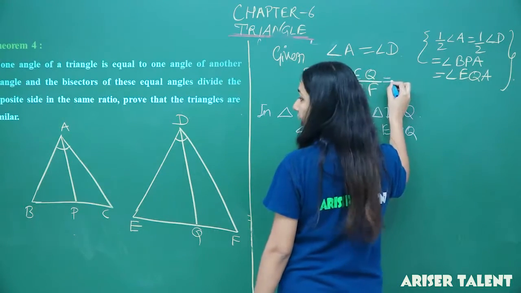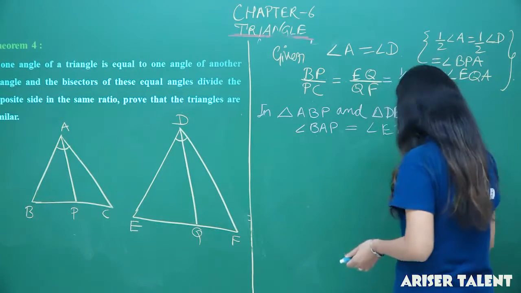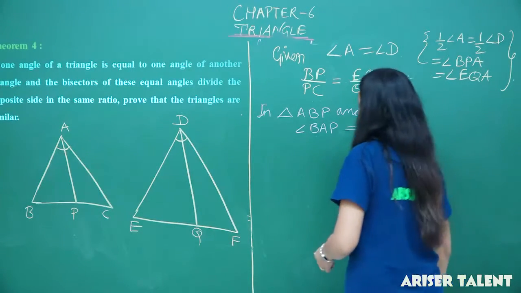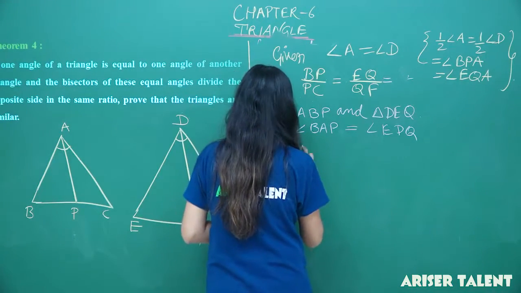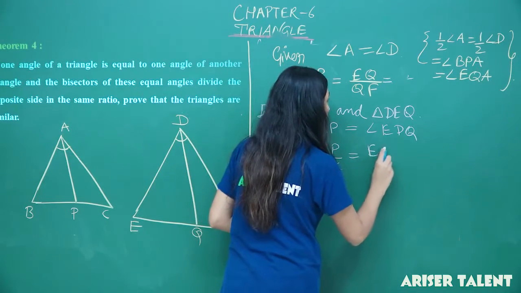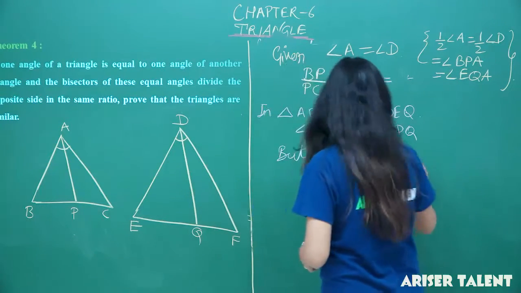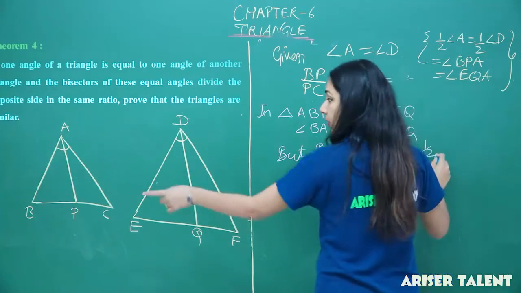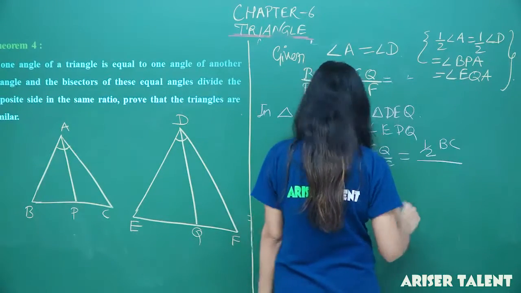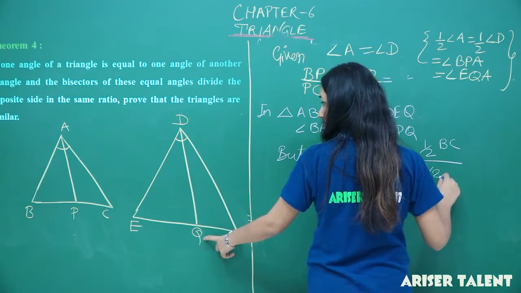Okay. So, we can write it like, I will write it again, BP by PC equals to EQ by QF equals to half of BC by half of QF.